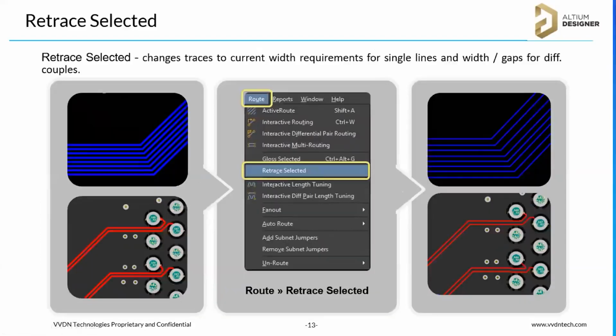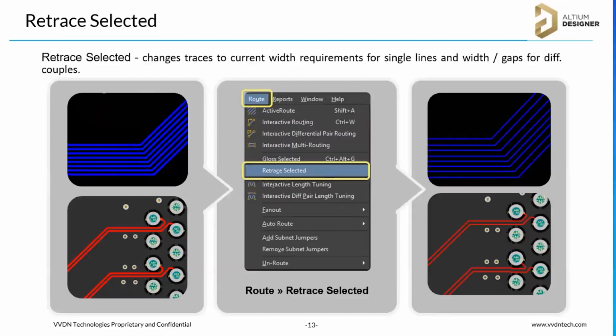And yeah, retrace is a good feature. Suppose you have set the constraints and completed the routing, and after that there is a change in stackup or a change in impedance, which is affecting the track width. In that case, you don't have to manually select the track and update it, or delete and reroute it. Instead, there is a retrace option.